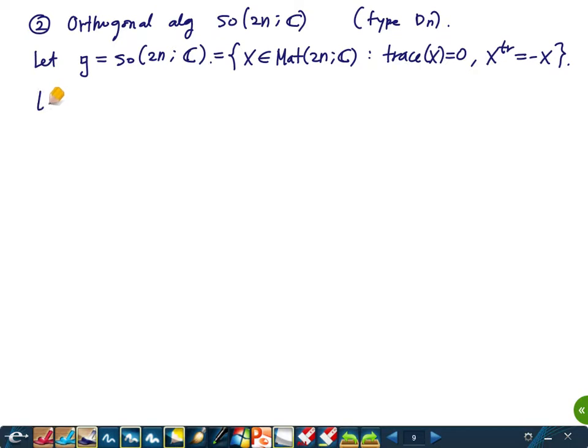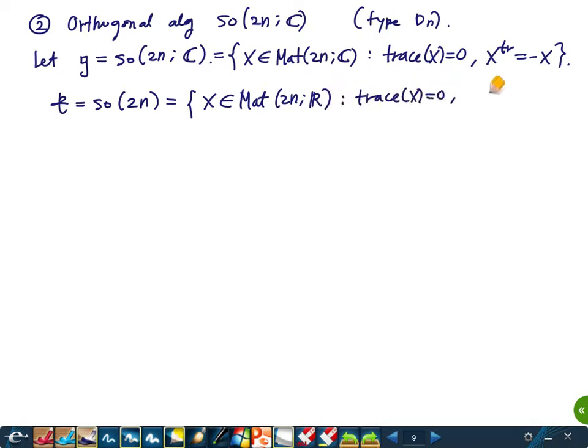And first of all, we define k, which we have seen, is the special orthogonal group, which is just the set of real 2n by 2n matrices, trace 0, but the same condition, X transpose is minus X. Then we know that g is the complexification of this. This is okay.